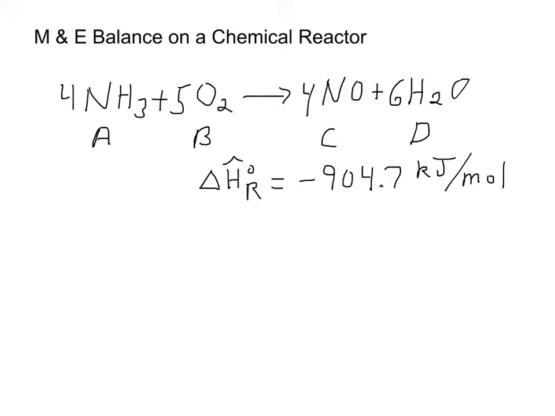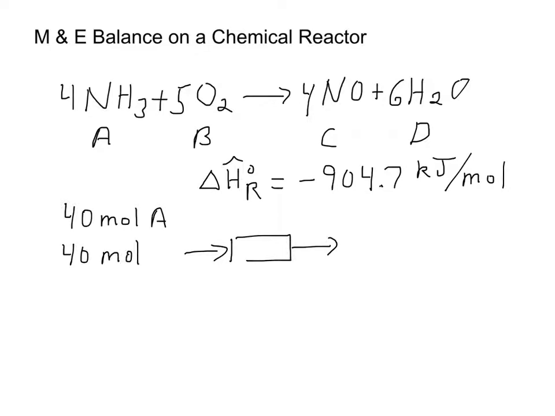Now the problem will be that we have a chemical reactor and we're feeding some material to it and bringing out a product. The feed will be 40 moles of ammonia, 40 moles of oxygen, and note that is not a stoichiometric proportion.